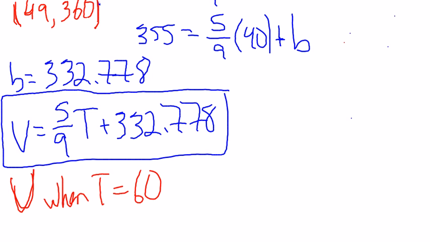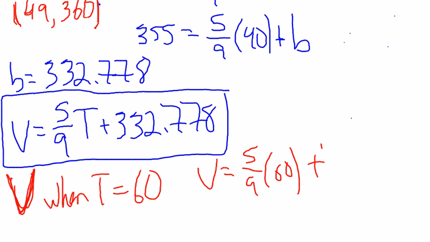So I want to know what is V. To do that, I plug in V equals 5 over 9 times 60 plus that y-intercept, which is 332.778. Plug it in my calculator, multiply, divide, add.